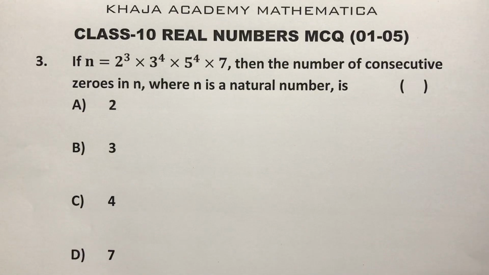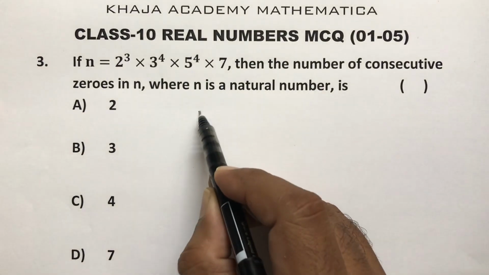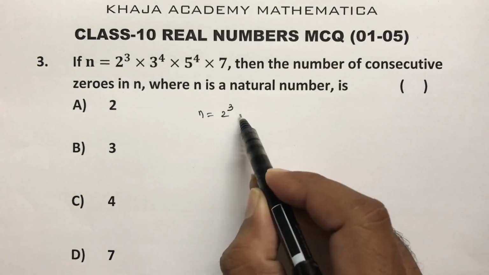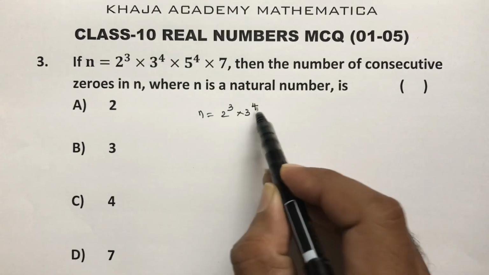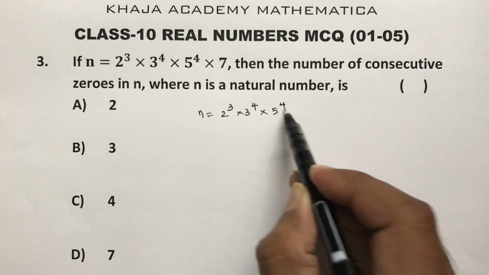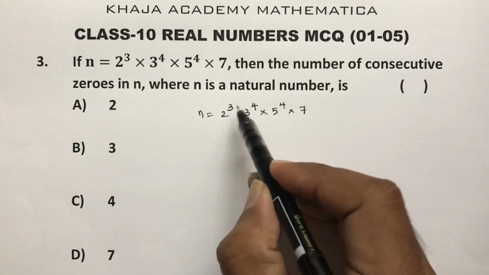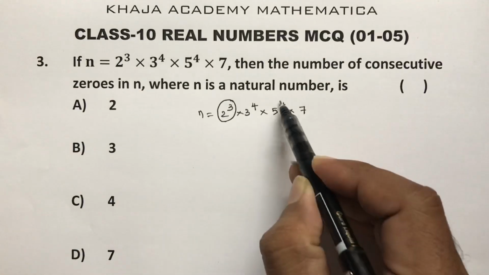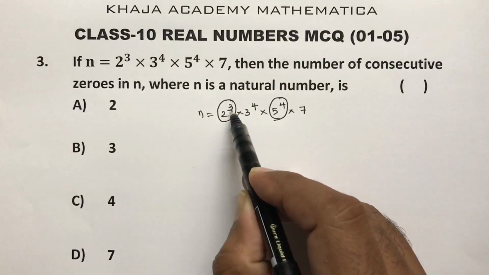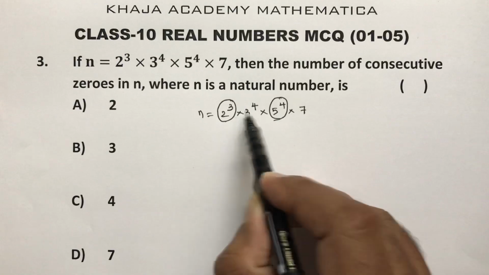If n equals 2 cube into 3 power 4 into 5 power 4 into 7, then find the number of consecutive zeros in n, where n is a natural number. To find the number of zeros, look at the least power of 2 and 5.